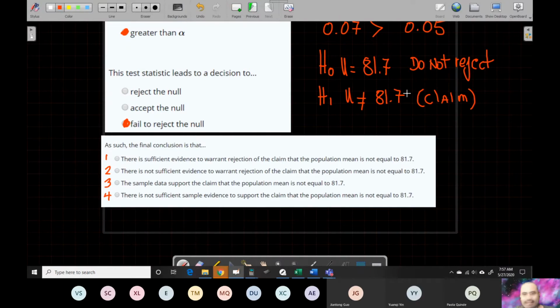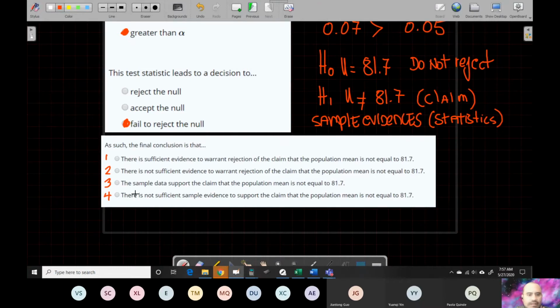The two of them cannot be true at the same time. So how are we able to do that? Because we look at the sample evidence, whatever they gave me. The sample evidence helped me make that decision. So sample evidence is the statistics, right? That's what basically made me make the decision.